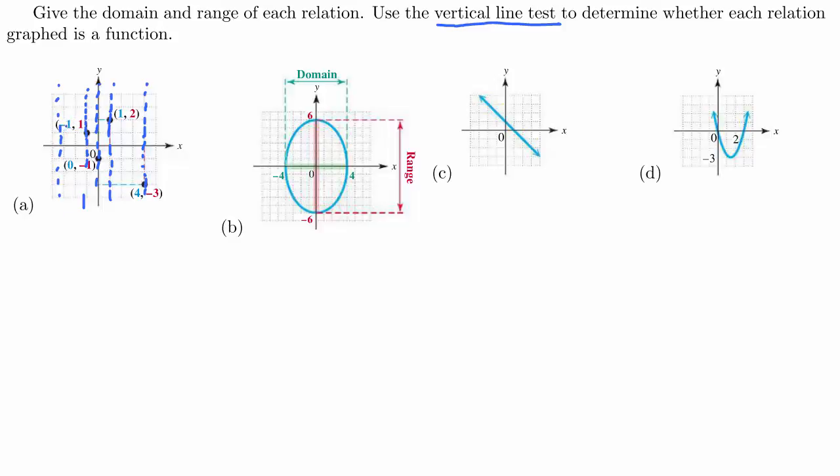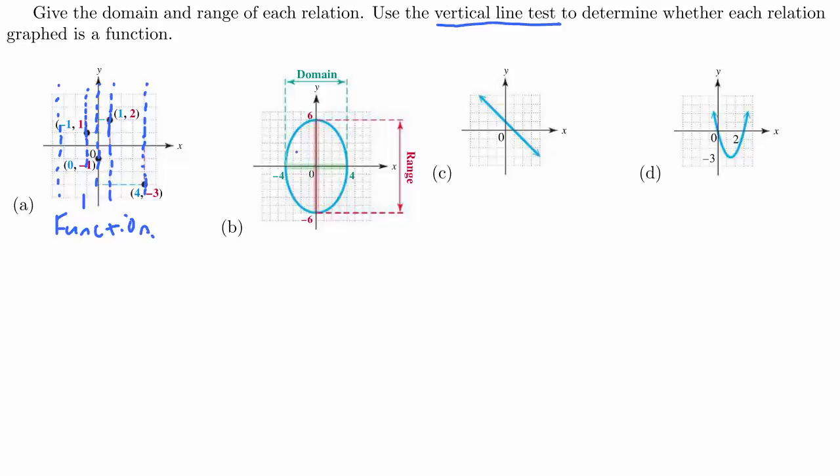Therefore, it still passes the vertical line test as long as there's not 2 points on top of each other, or 3 or more. So notice if I included this point right here as part of the relation, then this would go from a function to not a function. Okay, so this A, yes, it is a function.